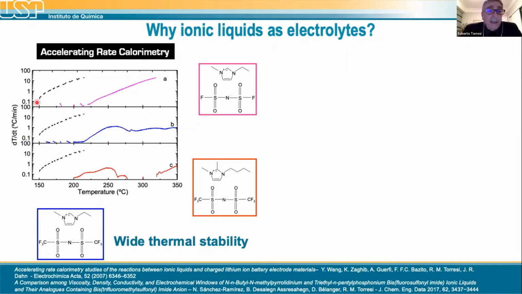Here you have the temperature at which the decomposition of the commercial organic electrolyte begins, and here you see what happened with the ionic liquid. You can see that the stability of the ionic liquid is really better than the organic solvent. So there is an impact on the overall safety of the battery if you use ionic liquid.